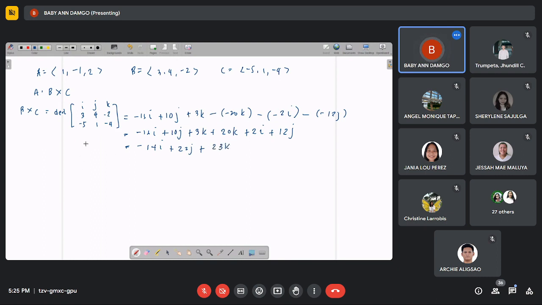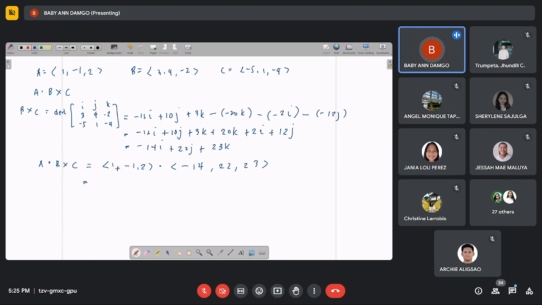Okay, next, we solve for A dot B cross C. This is equal to our A here, 1, negative 1, 2, dotted with minus 14, 22, 23.